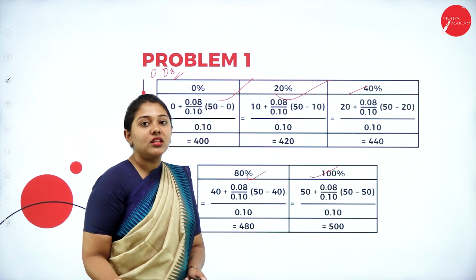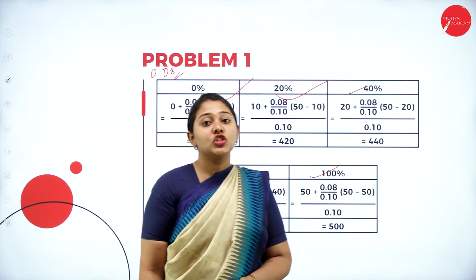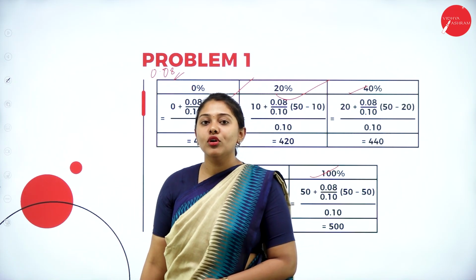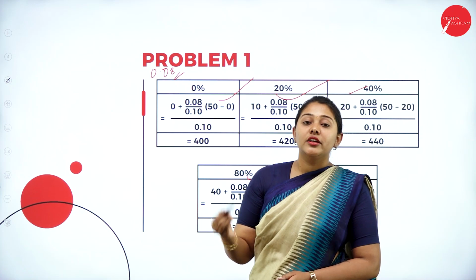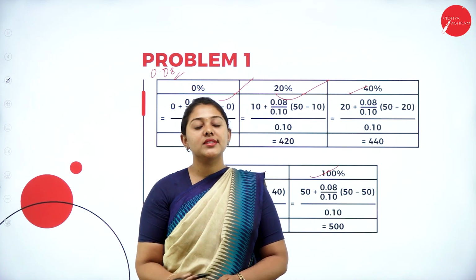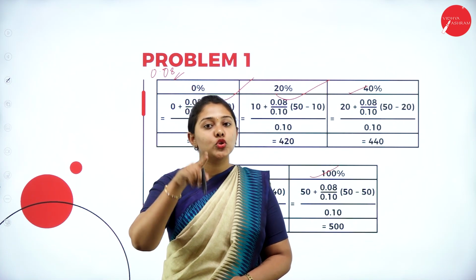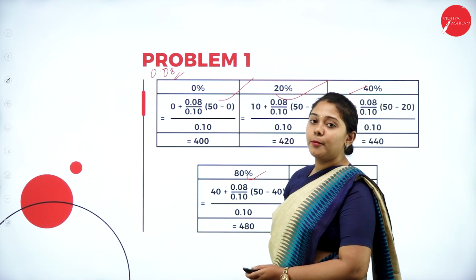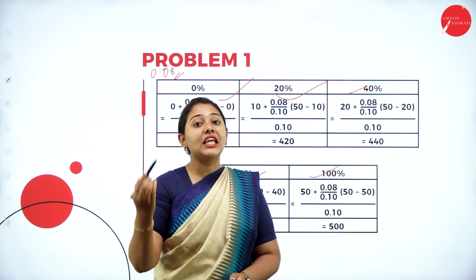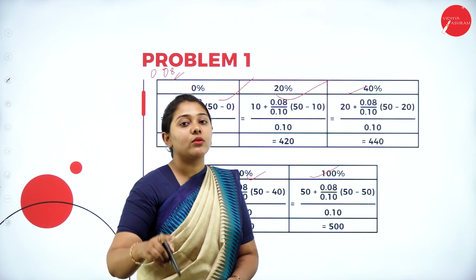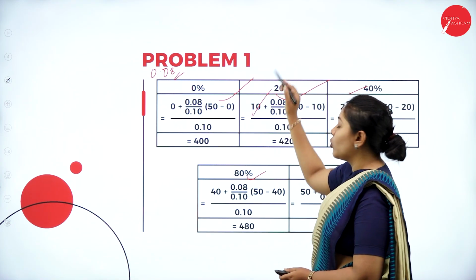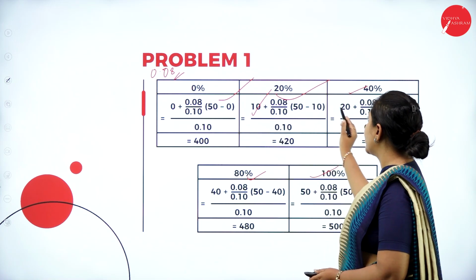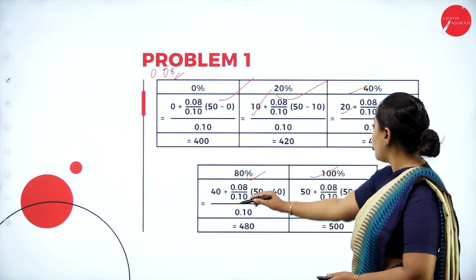So you have got the dividend per share values. In the first case, when the dividend payout ratio is 0%, the dividend per share also will be 0 only. And when the dividend payout is 20%, dividend per share will be 10 rupees. So we have calculated 0, 10, 20, 40 and 50.